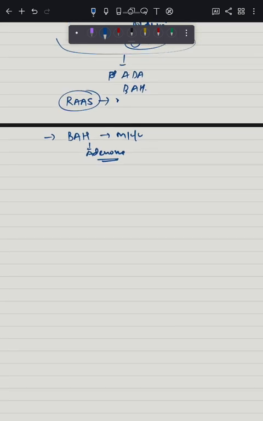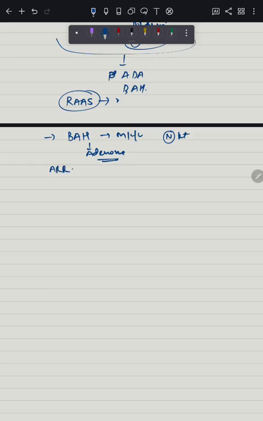Clinical features, as we mentioned: resistant hypertension, hypokalemia, alkalosis, and some may have normal potassium. Screening, we know the aldosterone-renin ratio is the screening test.